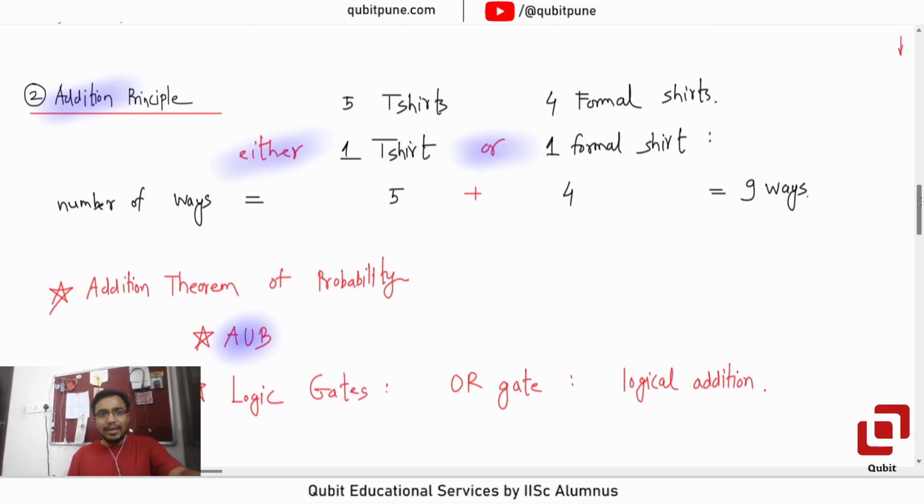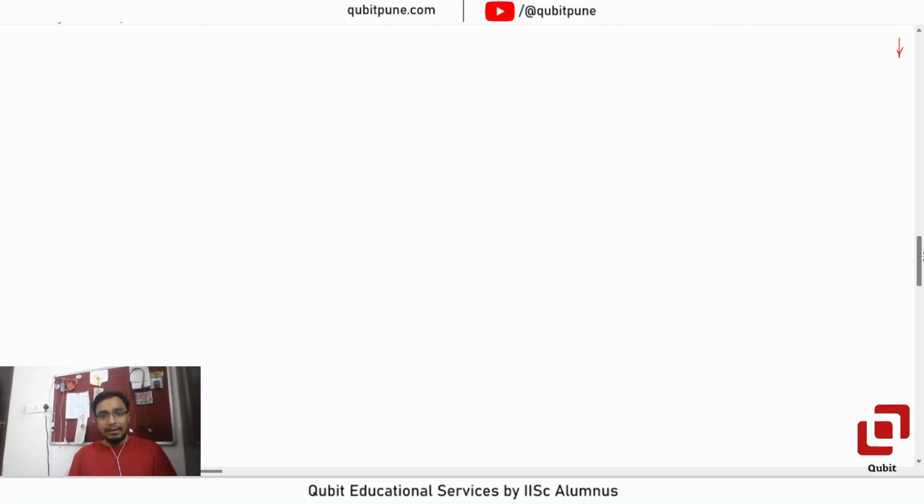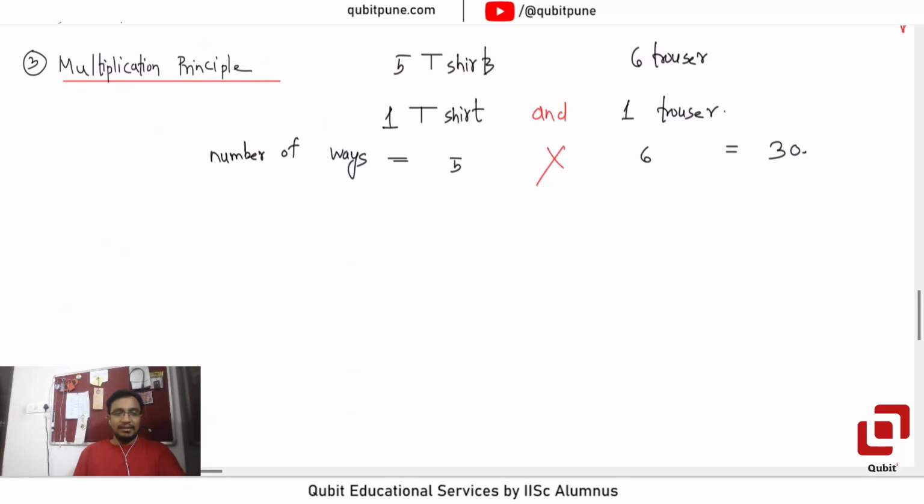Now, like we had these similarities for addition principle, we also have similarities with multiplication principle. Here we have got multiplication theorem, which gives us the intersection probability.